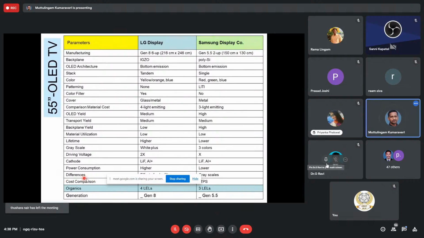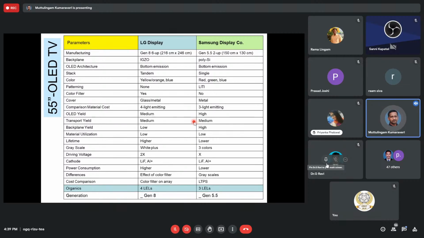The difference is the lifetime, because the lifetime is improved when we use the tandem device. I'm going to talk about all this in my lectures on Thursday. We can also compare cost, because the tandem is a little bit more than the other one.